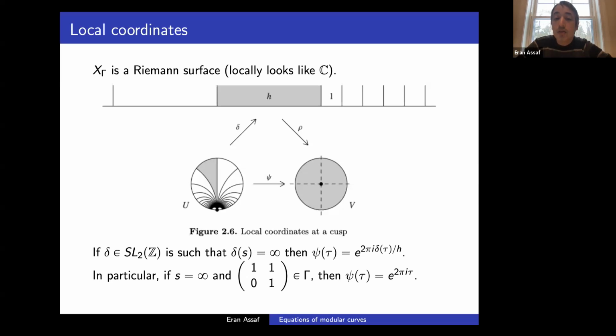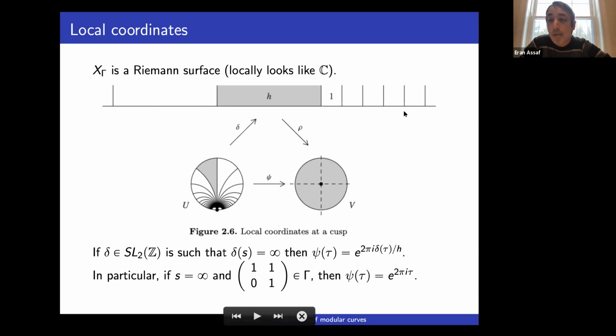And here you can see the description of how we build local coordinates at a cusp, at one of these points that we added to compactify our curve. On the left-hand side, you can see our cusp in which all those different stripes are identified. First we use a 2x2 matrix to straighten all those stripes, that you see on the top.